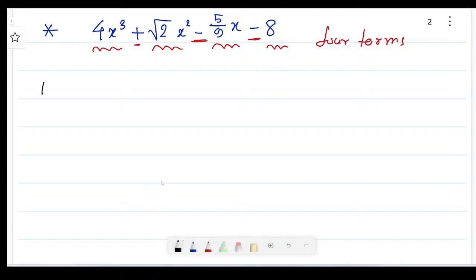Now the main topic is what is a polynomial.